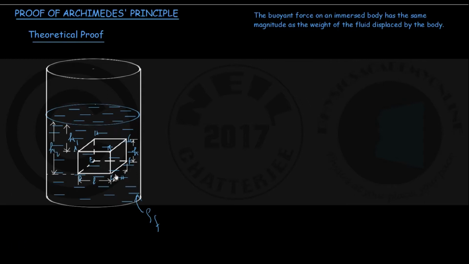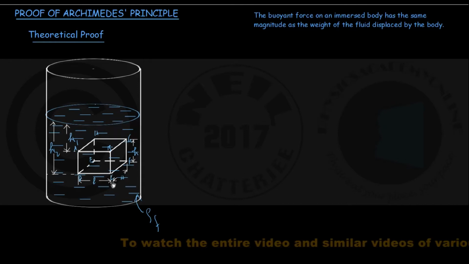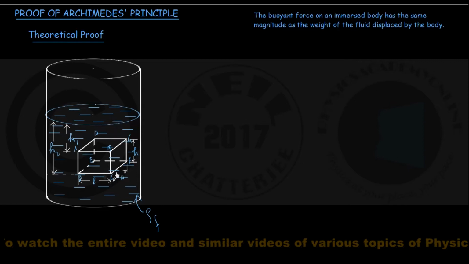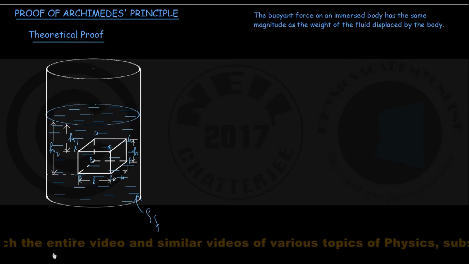So the question is, what are the forces acting on the 6 bounding surfaces of this immersed rectangular block? As you are aware, pressure is exerted by the fluid normally onto the surface at every point. We can consider the vertical faces first. Let us take the front and the back vertical faces, that is ABCD and EFGH.